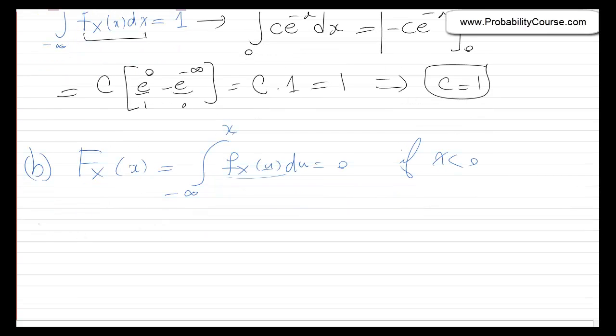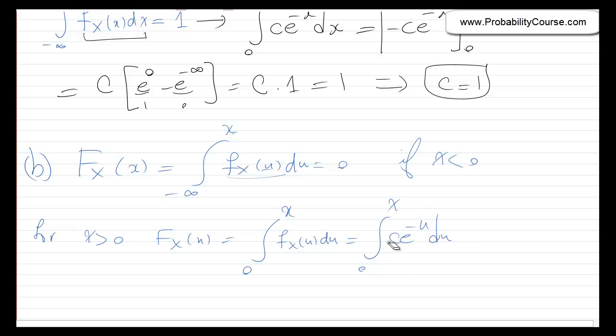For x larger than 0, fx of x is going to be the integral from 0 to x of fx of u du. The PDF for that point is c e to the minus u du, but we found that c equals 1, so it's just this.